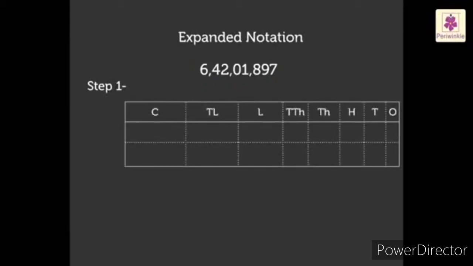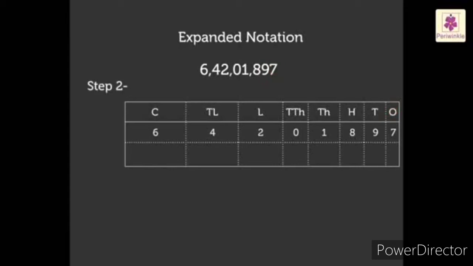We write the number 6,42,01,897 in the place value chart as 6 in the crores place, 4 in the 10 lakhs place, 2 in the lakhs place, 0 in the 10,000s place, 1 in the thousands place, 8 in the hundreds place, 9 in the tens place, and lastly 7 in the ones place.